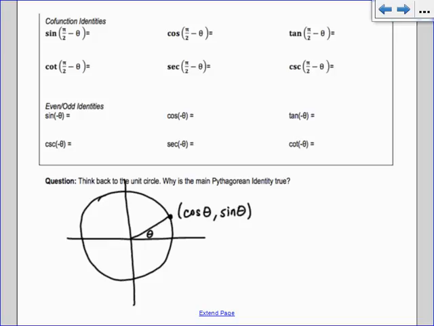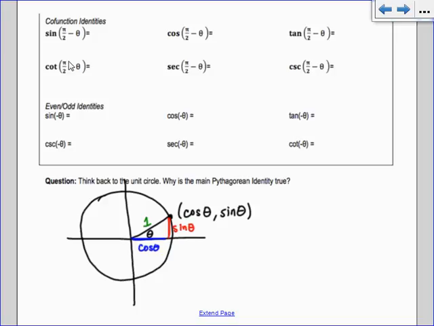So that's the point cosine theta, sine theta, which means that you go over cosine theta and you go up sine theta. And we know the hypotenuse is 1. So with the Pythagorean theorem, we know that x squared plus y squared equals 1, right?